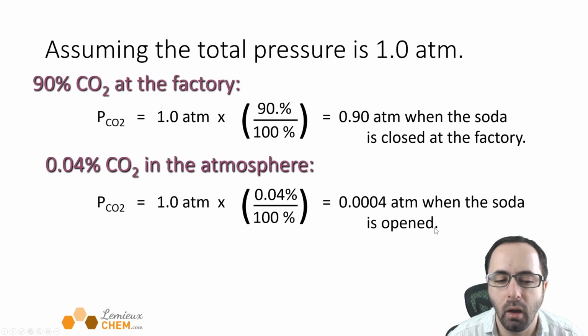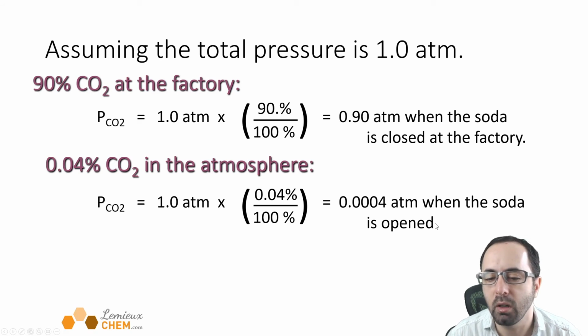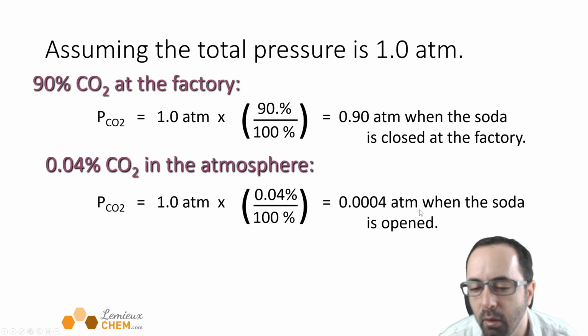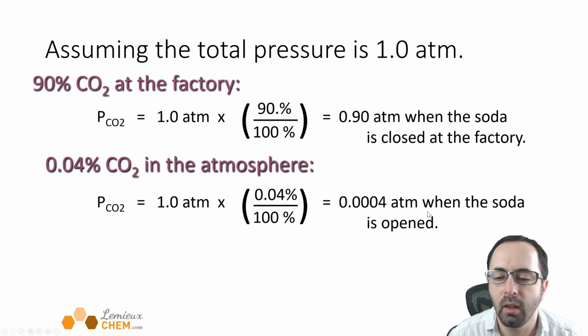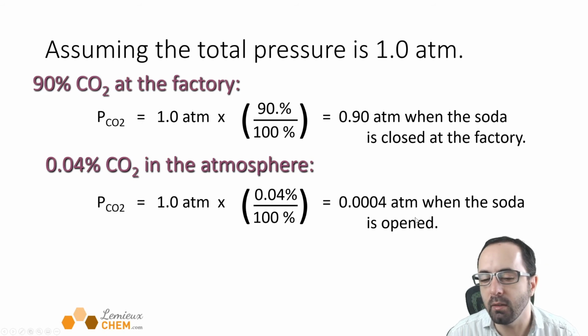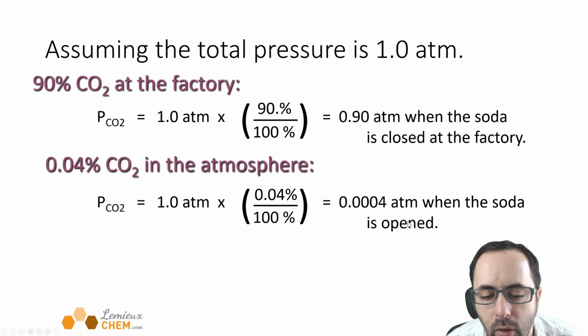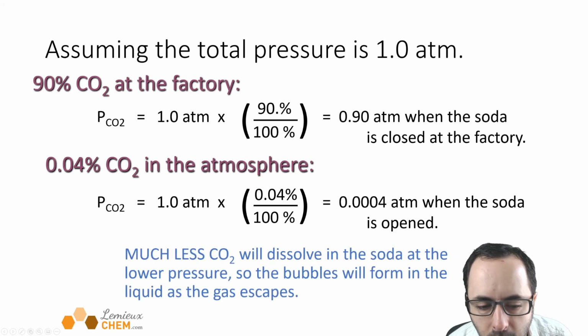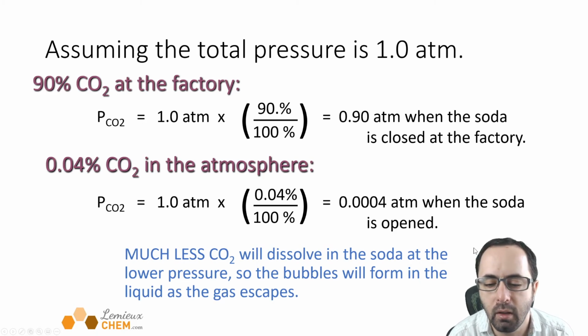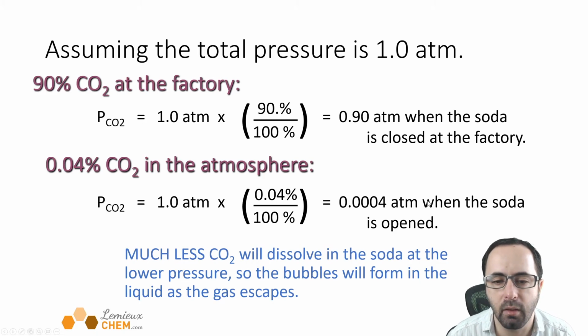So once the soda has been opened, the partial pressure of CO2 above the soda is 0.0004 atmospheres, much, much lower. And so for that reason, the CO2 is much less soluble in the water, and so the soda will slowly get flat over time. So much less CO2 will dissolve, the bubbles will form in the liquid, and the gas will escape.